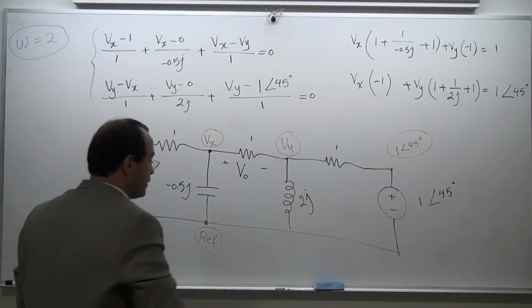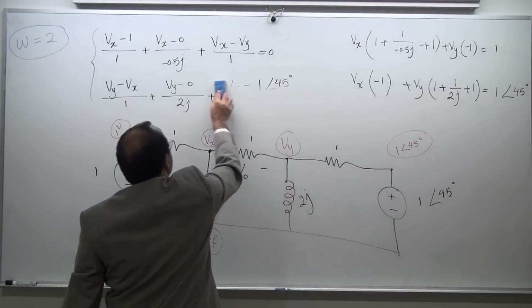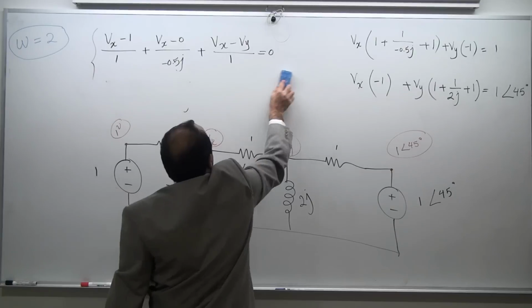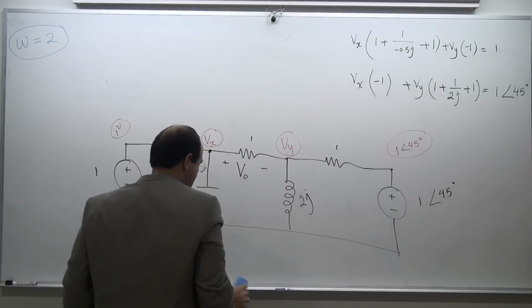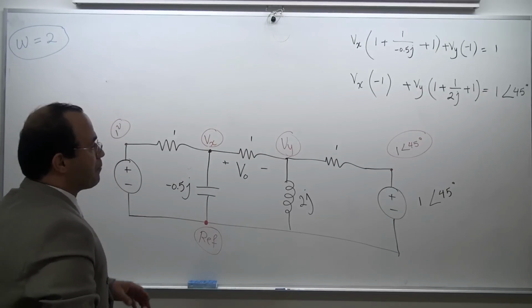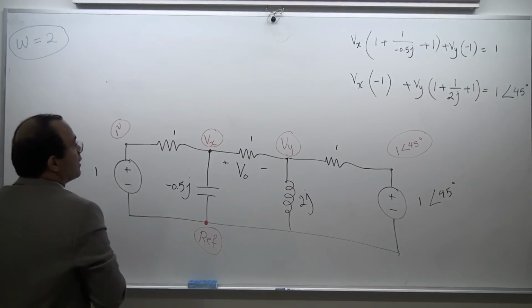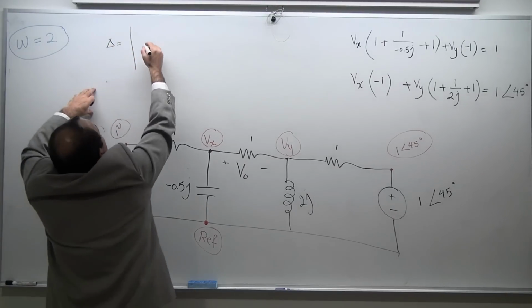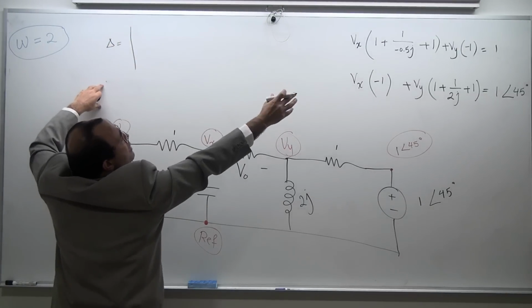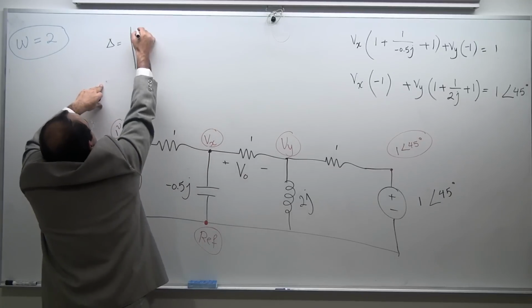As soon as you build the system, you can apply Cramer's rule, and as you can see, I have not simplified anything. I'm not trying to apply the steps manually by myself. So what is my system? My system is 1, you can do a minor modification: 1 plus 1 is 2.